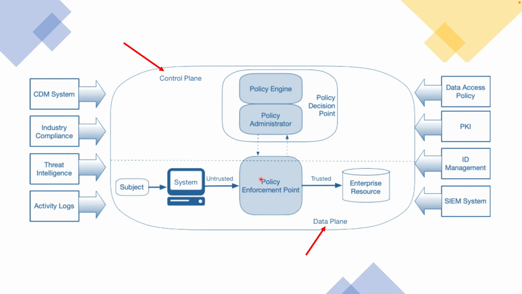And the control plane consists of these 2 components. Logically, Zero Trust architecture logical components use a separate control plane to communicate, and application data is communicated on a data plane.